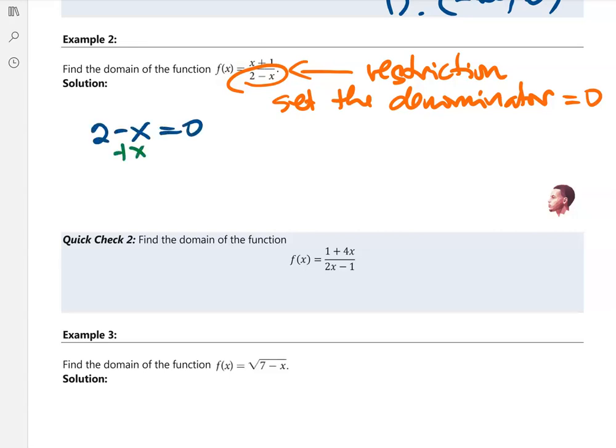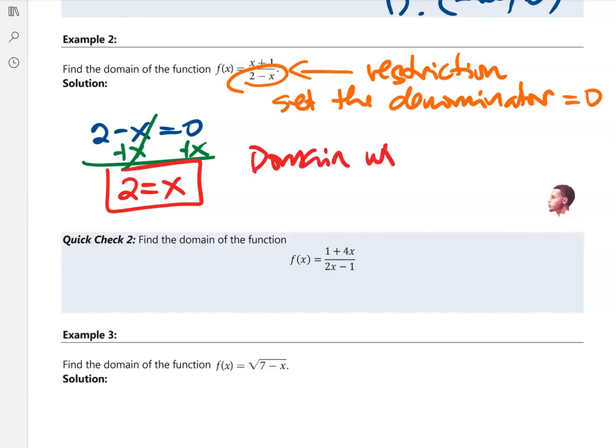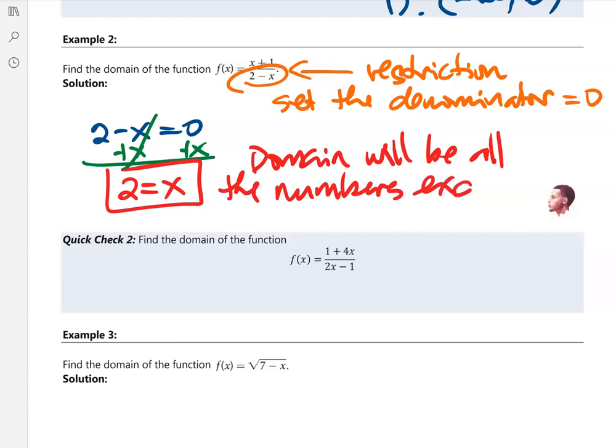Solve for x, so we add x to both sides, so that x is equal to 2. That means the domain is all the x values except 2. So domain will be all the numbers except x is equal to 2.